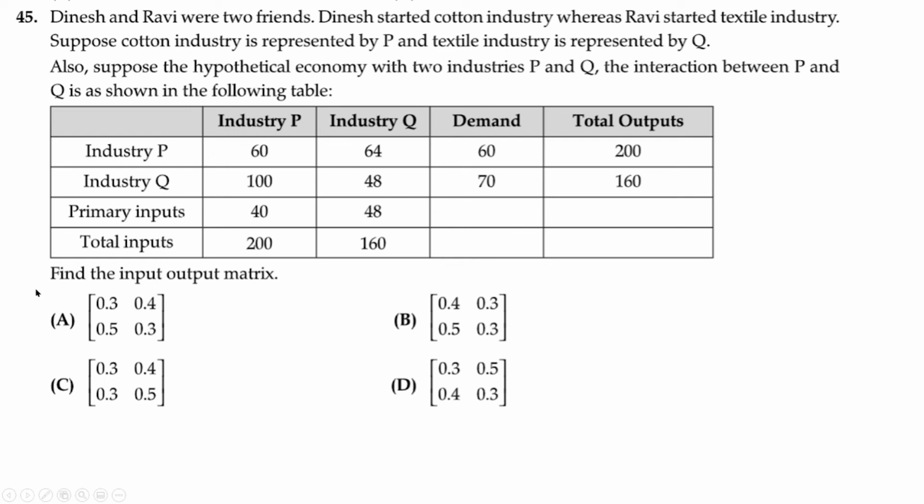We are asked to find the input-output matrix. So the input-output matrix, or the technology matrix, is calculated as 60 by 200 and 100 by 200 in the first column, then 64 by 160 and 48 by 160 in the second column.